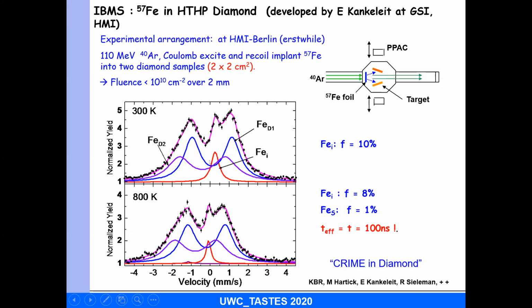What this method did was to give us a good signature on the interstitially implanted ion. The problem with the high temperature, high pressure method is that it produces type 1A diamond, which has nitrogen located on a substitutional site, single nitrogen.